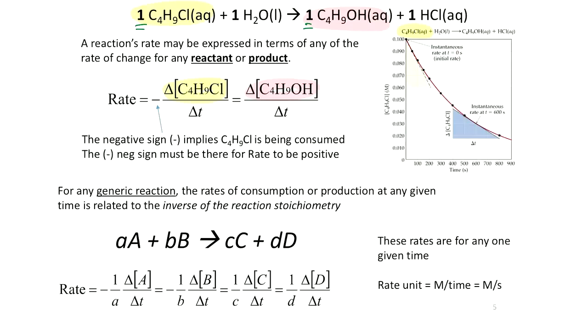And so we can make a relationship for any reaction based upon the stoichiometry. Let's say we combine some amount of A and B to give C and D. We can make any ratio or any comparison between consumption or production for any one of the reactants or products using this generic equation.